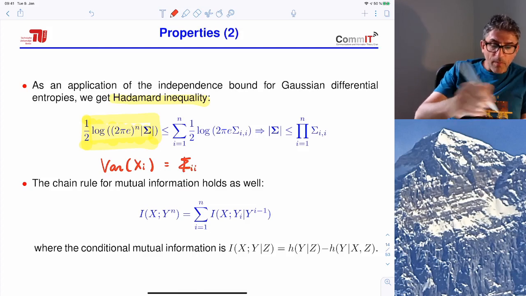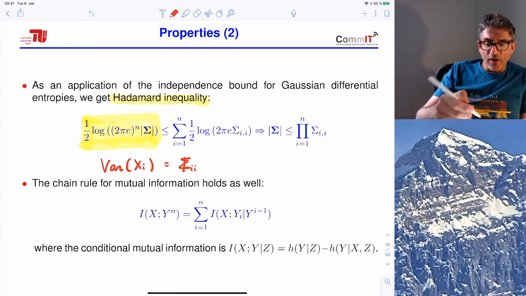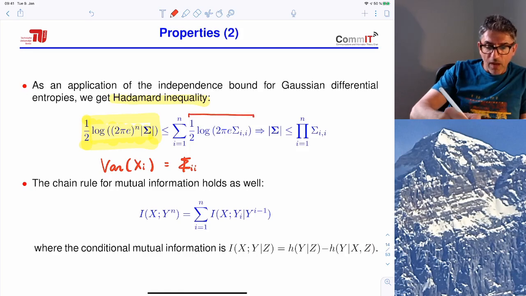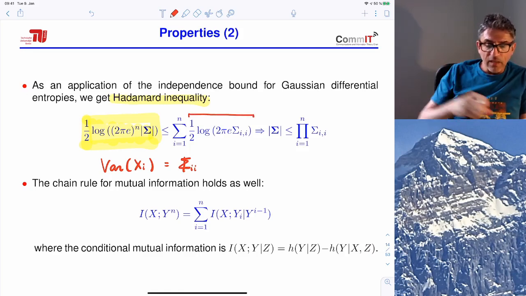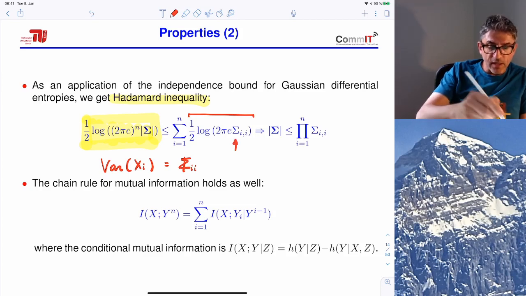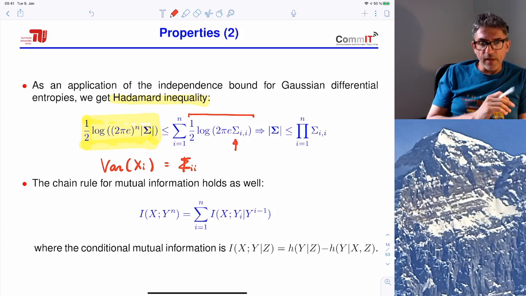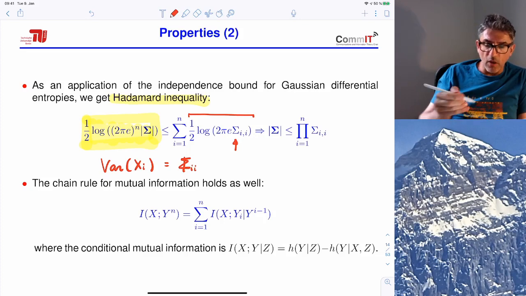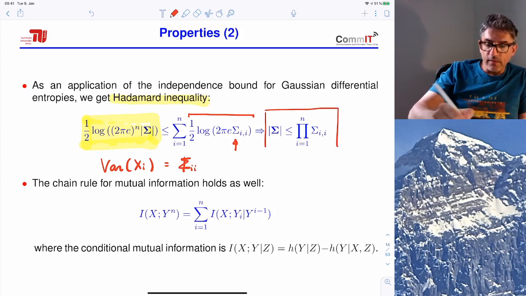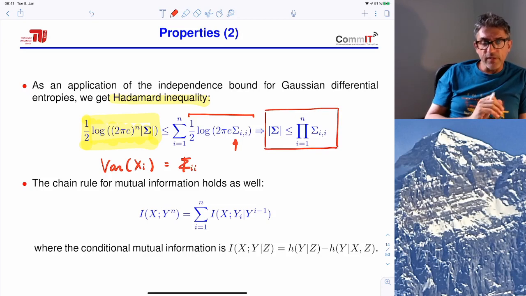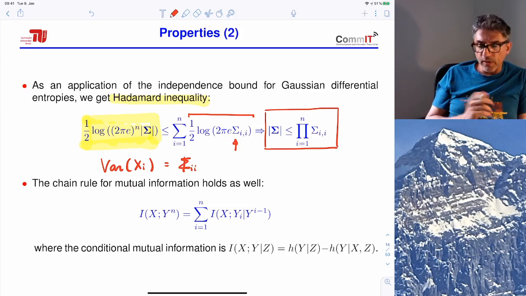So the marginal differential entropies of the components are simply the same formula applied to single variables, with, instead of the determinant of the covariance, just the variance of that component. Now, if we use the fact that the sum of logarithms is equal to the logarithm of the product, and then we use the monotonicity of the logarithm, this implies that the determinant of a positive definite symmetric matrix sigma is always less or equal than the product of its diagonal elements. This is known as the Hadamard inequality in matrix theory.